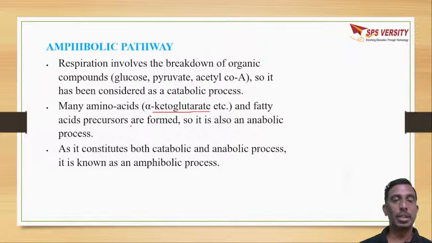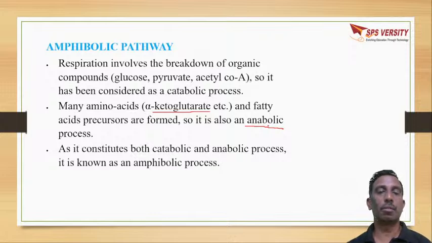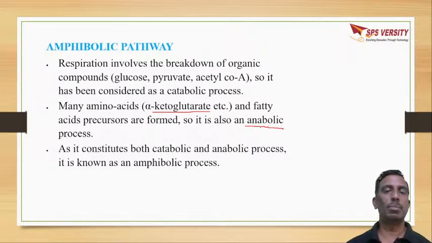So depending upon the need, instead of going to the process of respiration, they may go for synthesis of amino acids or fatty acids, which is an anabolic process. Alpha ketoglutarate is a precursor of amino acids, and some are precursors of fatty acids. Instead of proceeding to respiration, a catabolic process, it may proceed to an anabolic process.